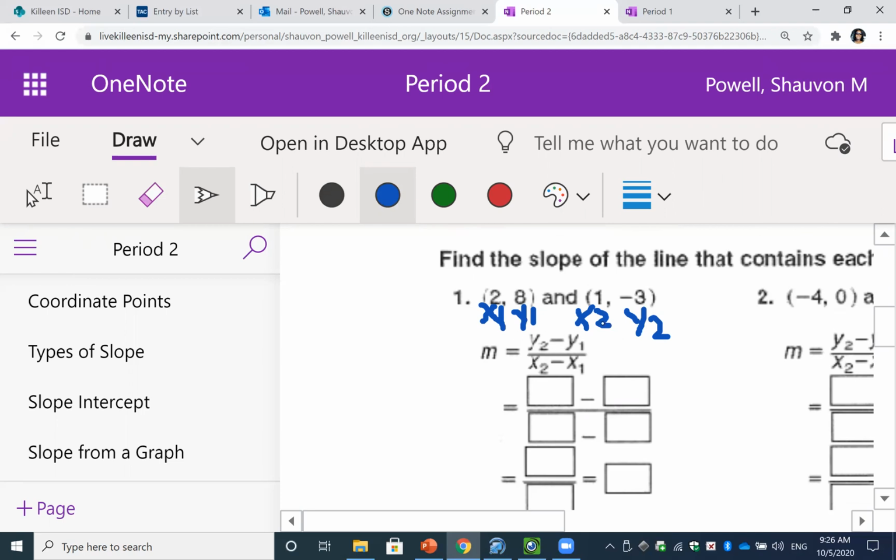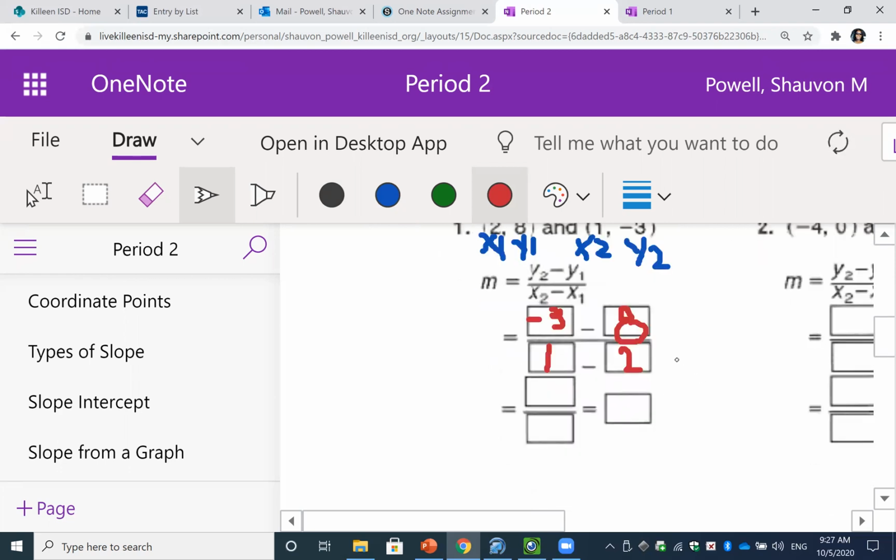So now that they gave us the equation, we're going to go ahead and plug in. Our Y2 is -3. Our Y1 is 8. That's an ugly 8, but that's okay. Our X2 is 1. And our X1 is 2. For this, you will do it a little different to make sure you get your answers.